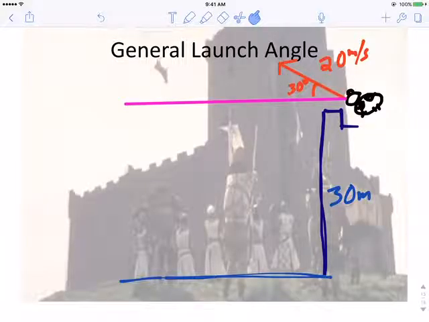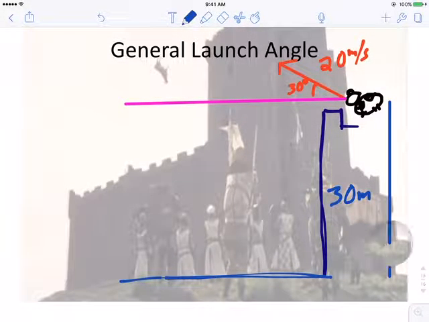I actually forgot to put in a good number line here. Let's do that. So that'll be our 30 meters.